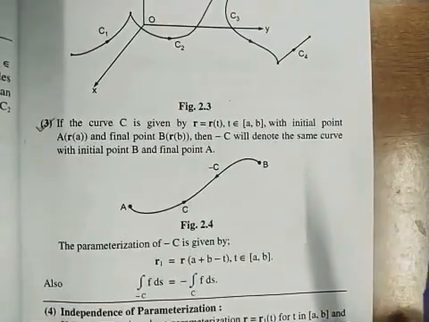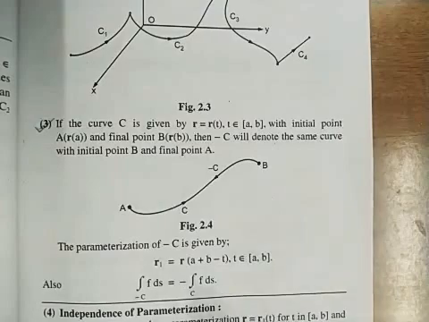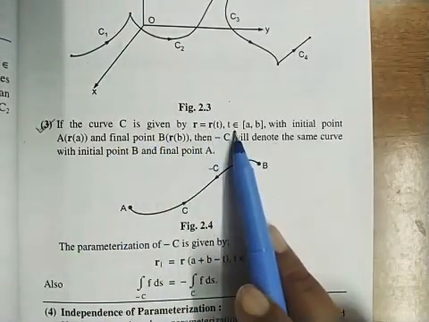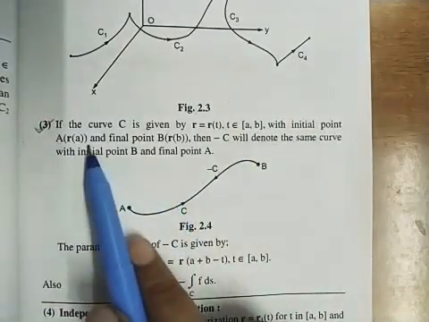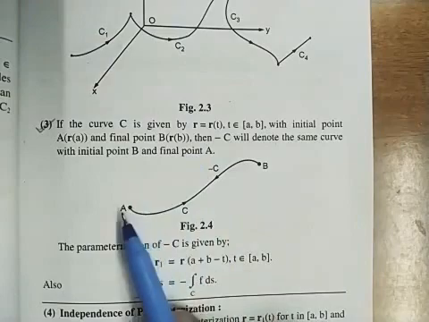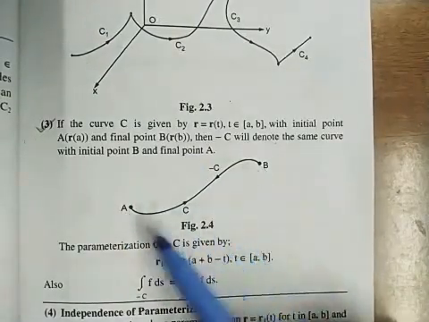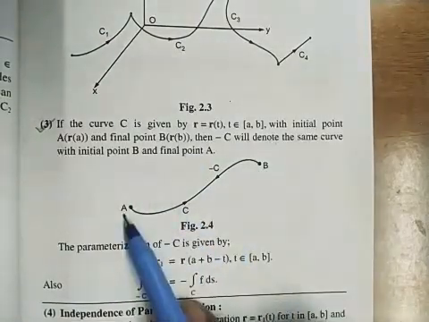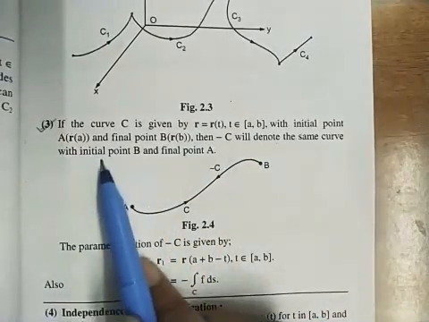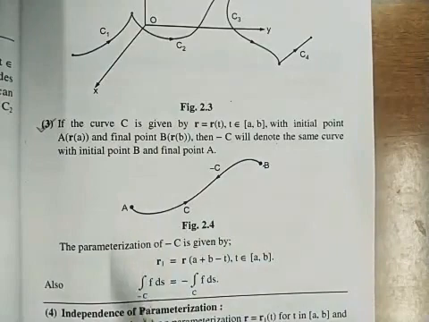And the third property is, if the curve C is given by r is equal to r(t) with initial point A, r(a), and final point B, r(b). Okay, this is curve C with initial point A, final point B. Then minus C will denote the same curve but with initial point B, final point A. Means what?